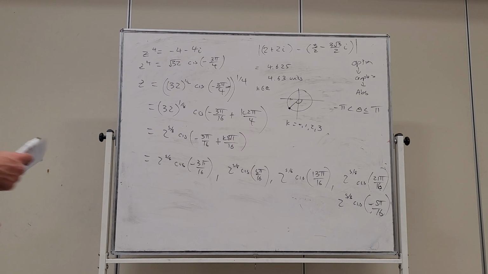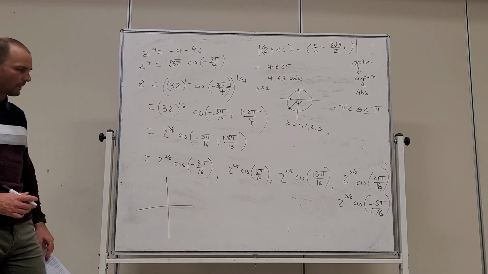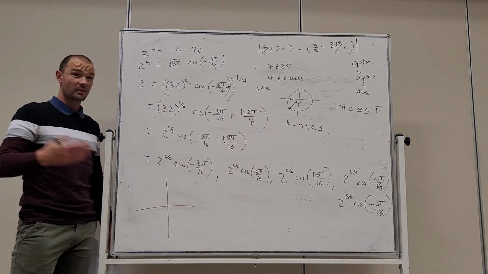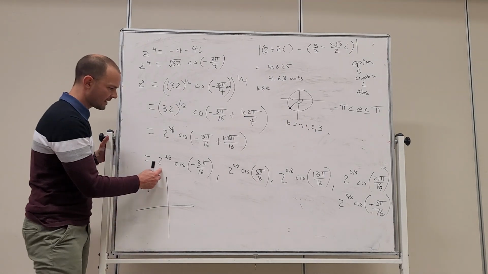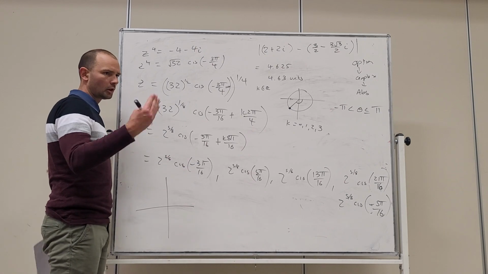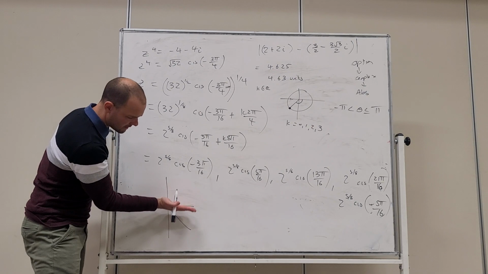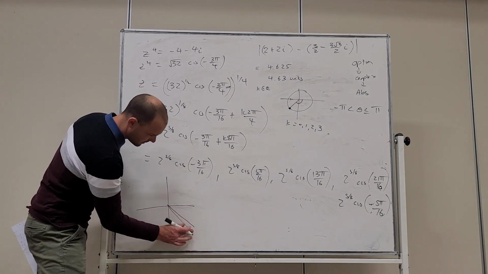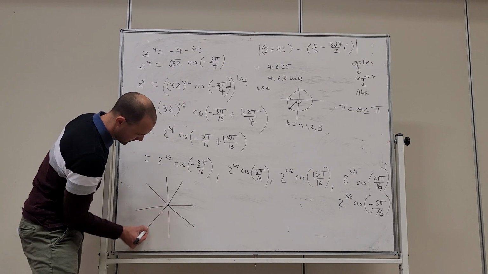Sketch them on the Argand plane. We know they're going to be equally spaced apart. There's 4 of them, so they're 90 degrees apart. The first one is at minus 3 pi on 16, which is very close to pi on 4. So pi on 4 is here, and it's just this side of pi on 4, so I'm going to put it there. The next one's 90 degrees to it, and then 90 degrees to it.